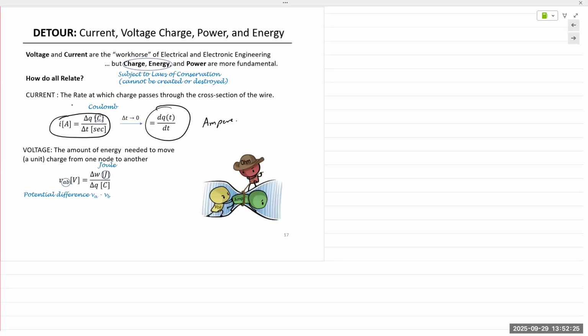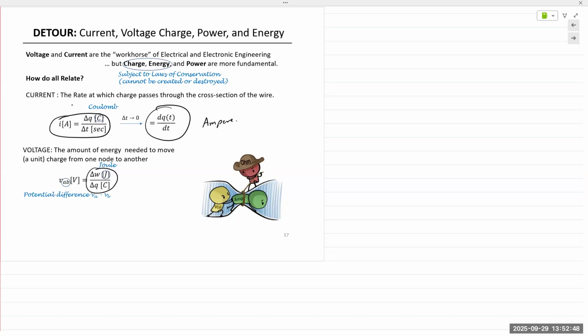That voltage has units of volts, named after Volta. More technically, it's the work done to move charge from one place to another. So delta W over delta Q.